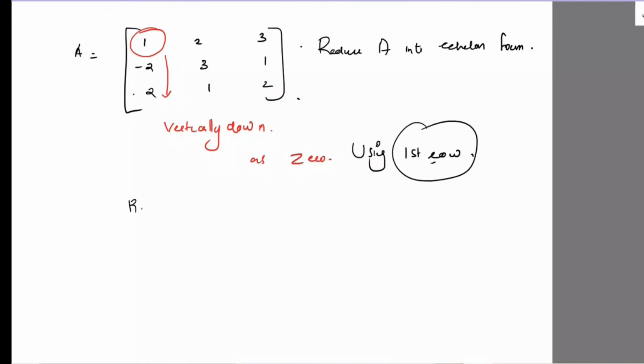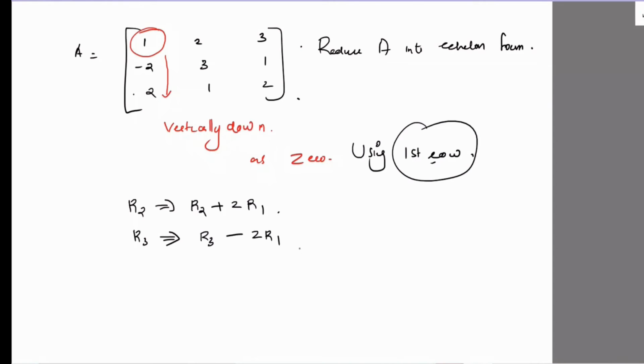So that operation will look like this: R2 changes to R2 plus 2R1. Similarly, R3 changes to R3 minus 2R1. So these are the operations I am going to apply.